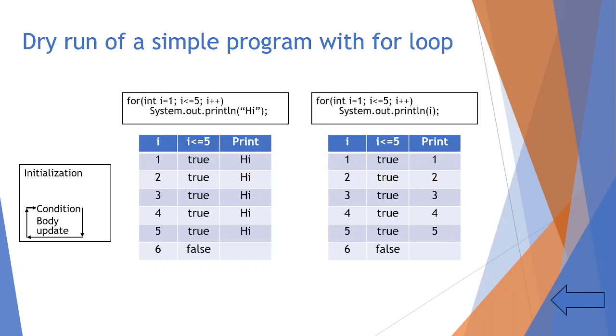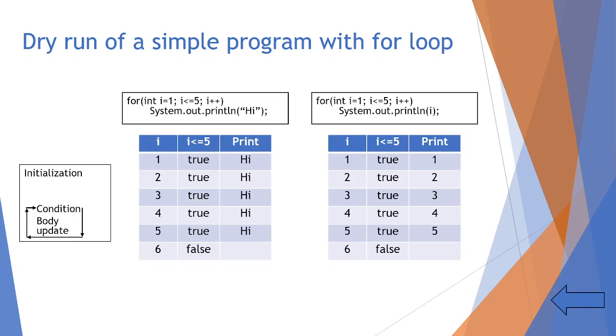In the next case, same loop but printing whatever is there in I, that is a variable. So the first one is printing a string, the second one is printing a variable. We can have a combination also. We will see in the BlueJ Java program.